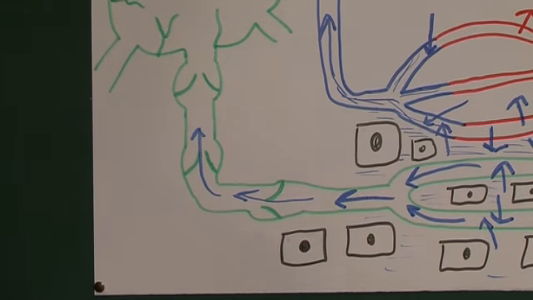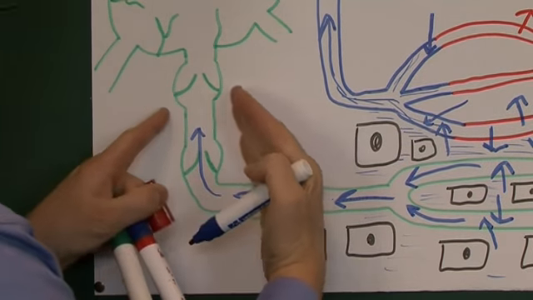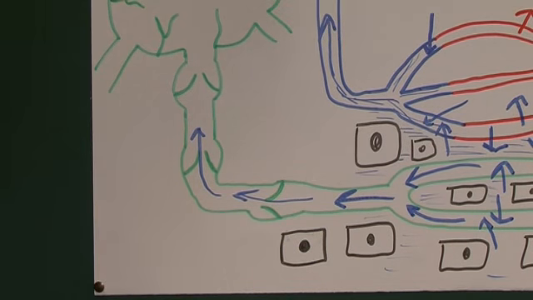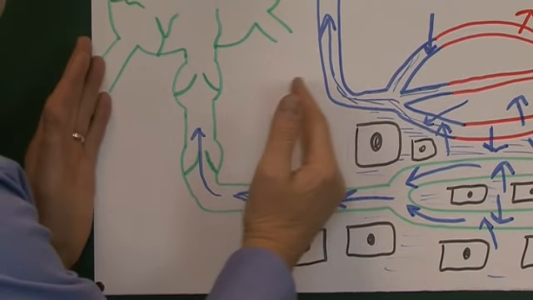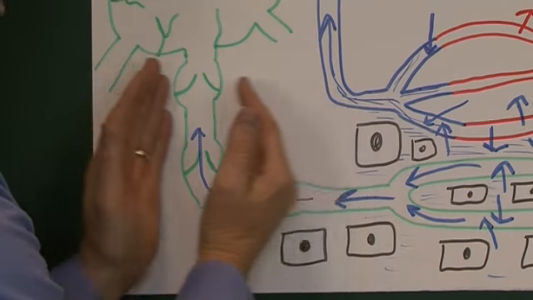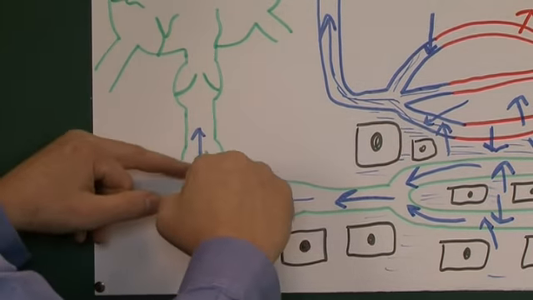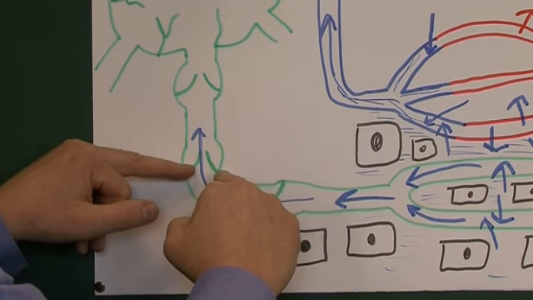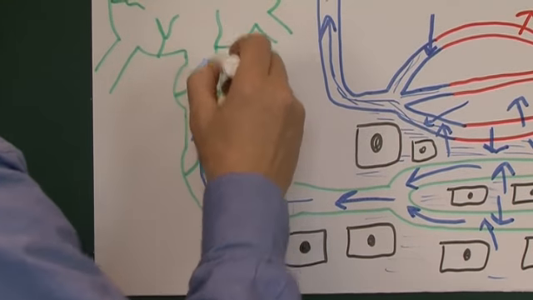But if that compartment contracts, it could contract actively on its own because we've got contractile elements in the wall, or it could be compressed by a muscle, or it could be compressed by an adjacent artery. That's going to close that lymphatic valve there, but open that one. So we're going to get flow of the lymphatic fluid.